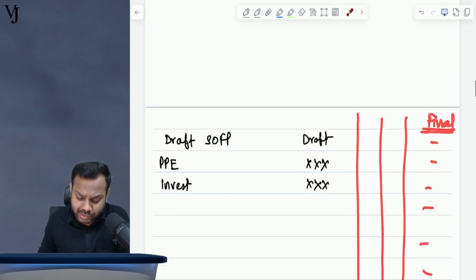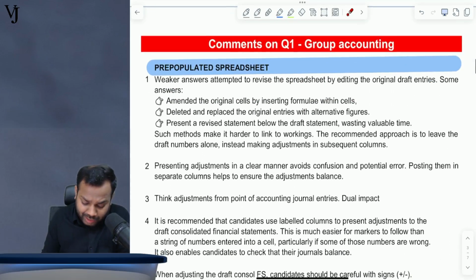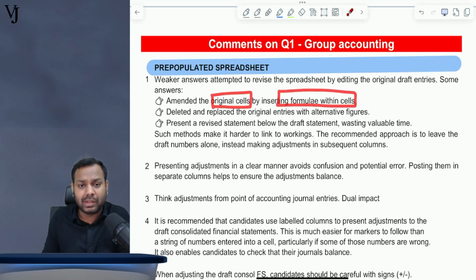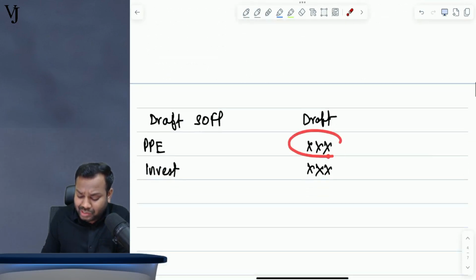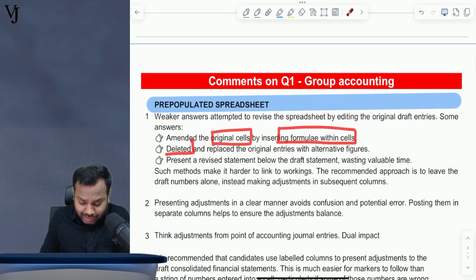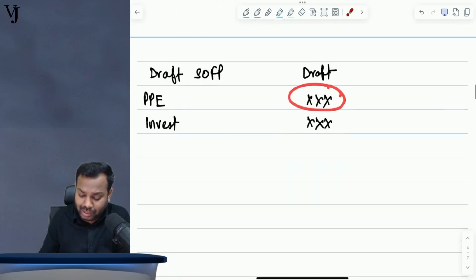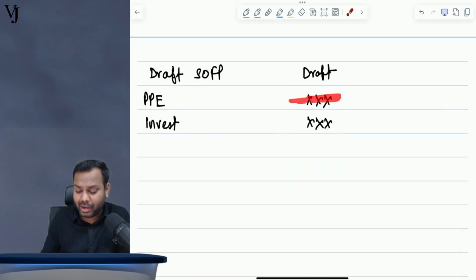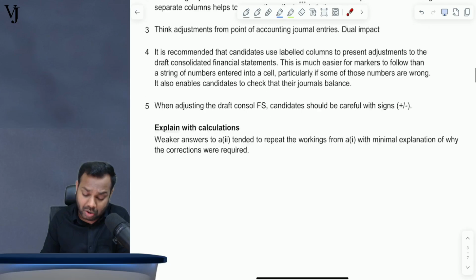But let's see what students do in the exam. They amend the original cells by inserting formulas within the cells. So they change the cell itself, which is wrong. Now they delete the cell and replace the original entries with alternative figures, which is also wrong.